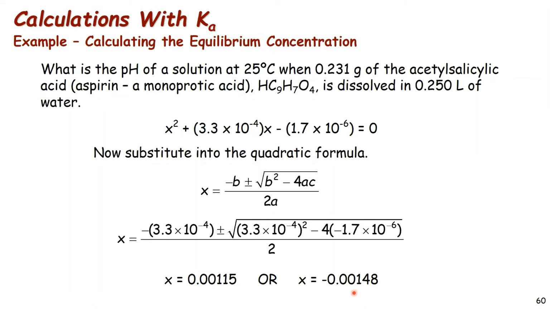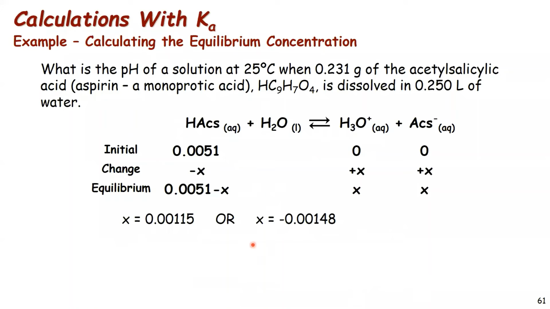That's, of course, our Ka, right? Okay, so now looking at this, I can tell that if I use the negative value, I'm going to get a negative concentration. Now, that's something we can never have. We can never have a negative concentration. So therefore, we can eliminate this x value because it would give us a negative concentration, and we can't have that.